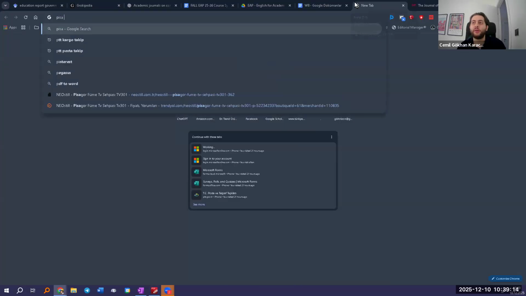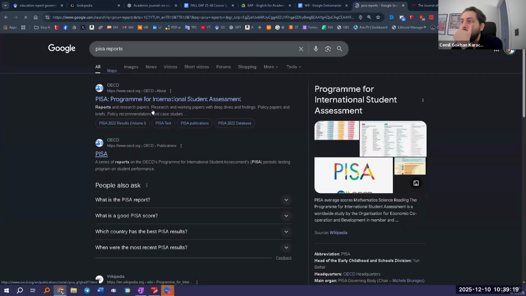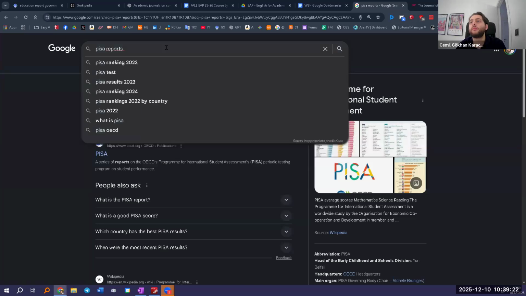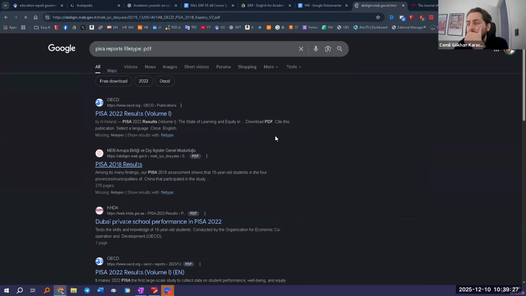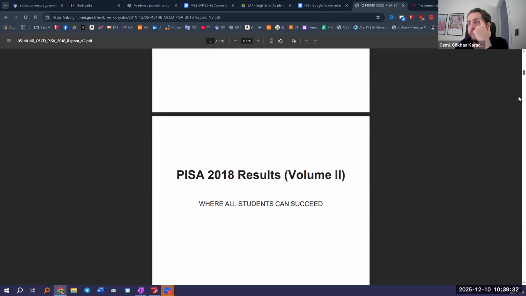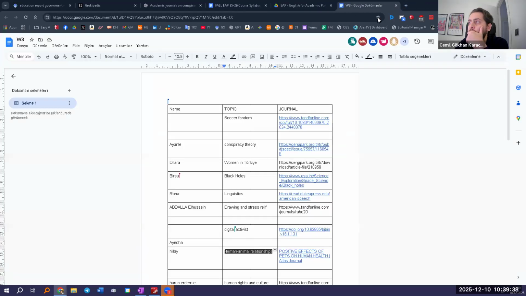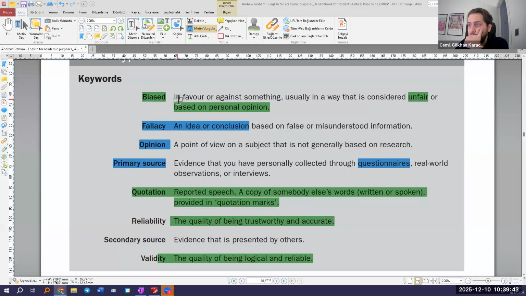For example, if you are looking at the PISA report, this would be a secondary source for you. Quotation, as you have seen in the exam, is a report of speech, a copy of somebody else's words, written or spoken, within quotation marks.